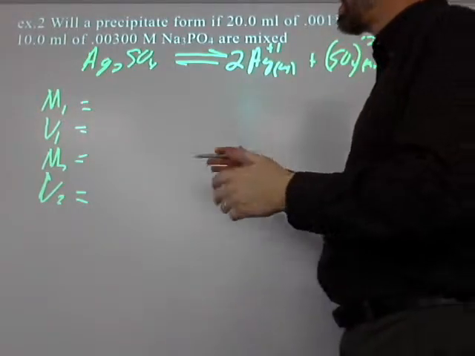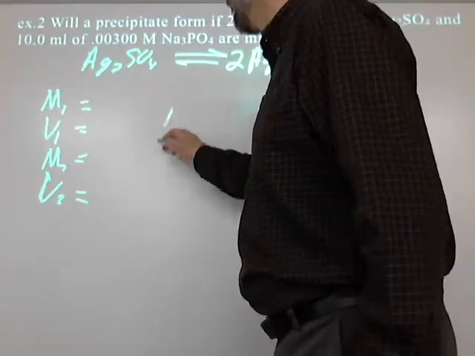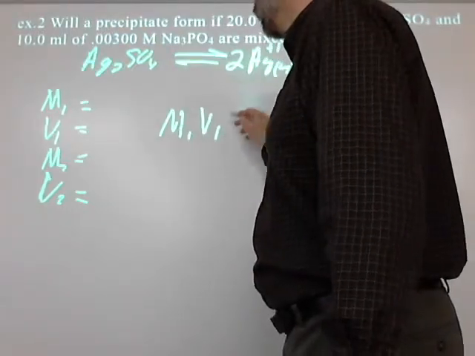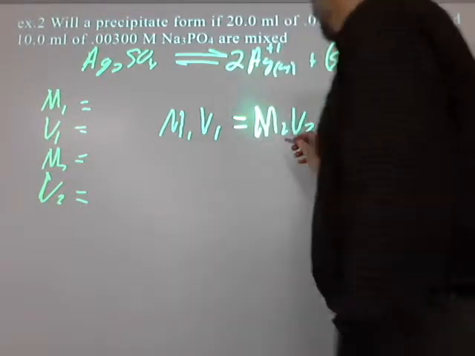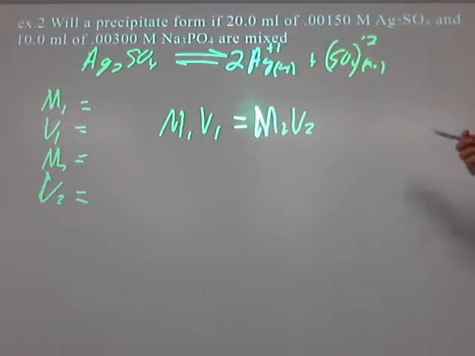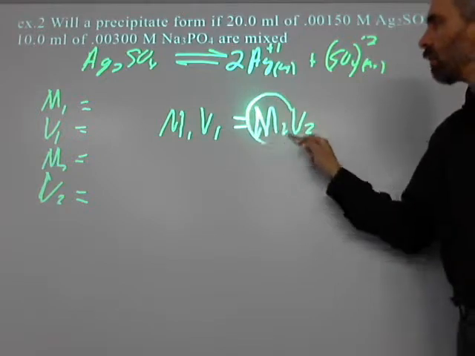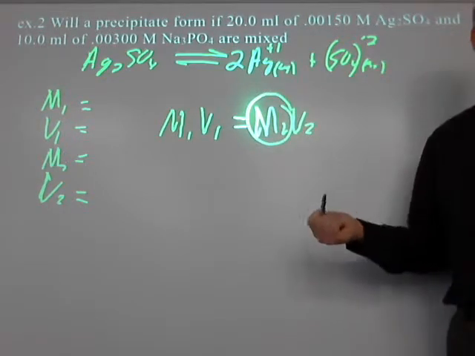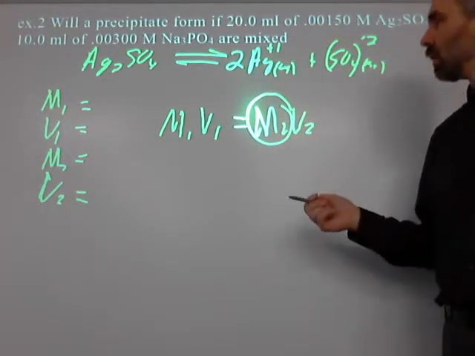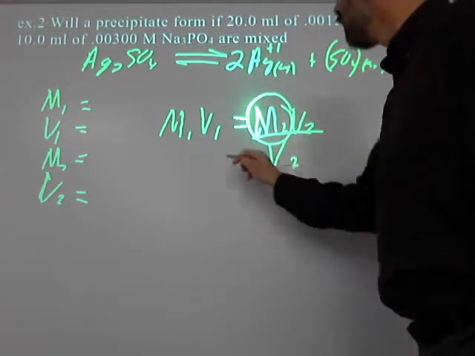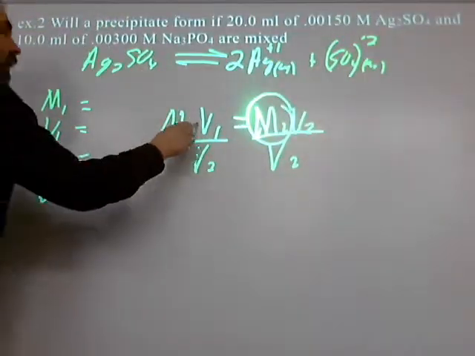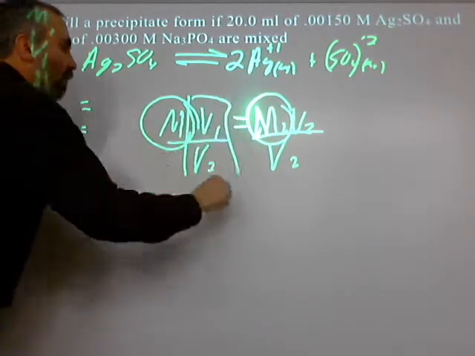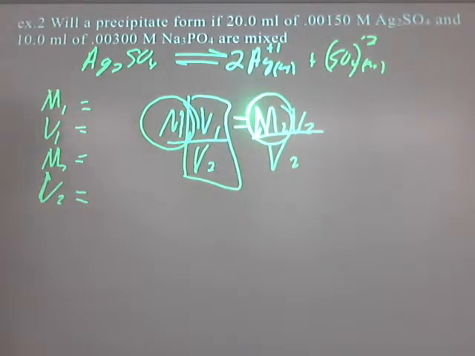Basically, I don't have to do all this, because if you think about it, let's write out the equation. And again, don't do this on your paper. Most of the time when you're doing a dilution, you're solving for M2. What's the new concentration going to be? You're taking the old molarity and multiplying it by the fraction by which this changes.